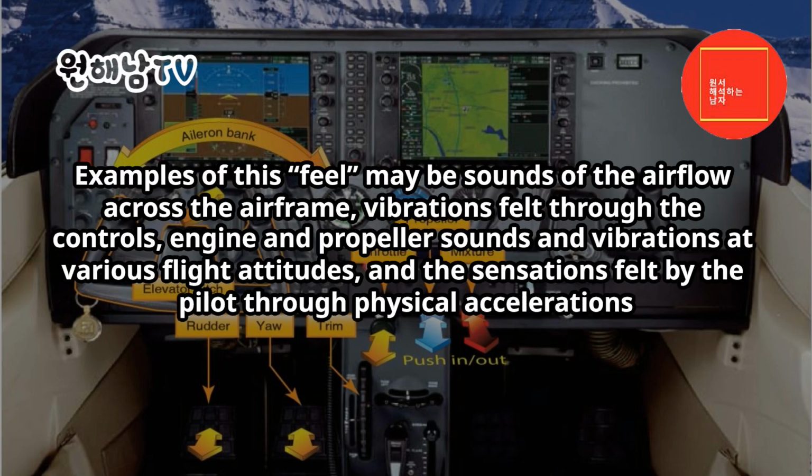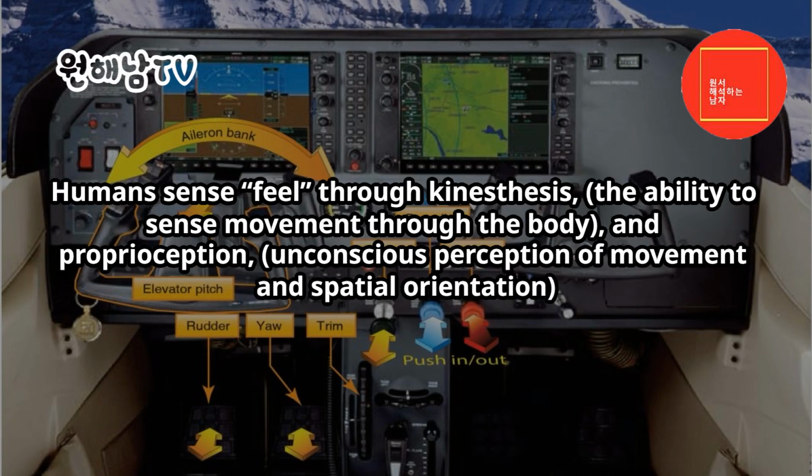Examples of this feel may be sounds of the airflow across the airframe, vibrations felt through the controls, engine and propeller sounds and vibrations at various flight attitudes, and the sensations felt by the pilot through physical accelerations. Humans sense feel through kinesthesis, the ability to sense movement through the body, and proprioception, unconscious perception of movement and spatial orientation.